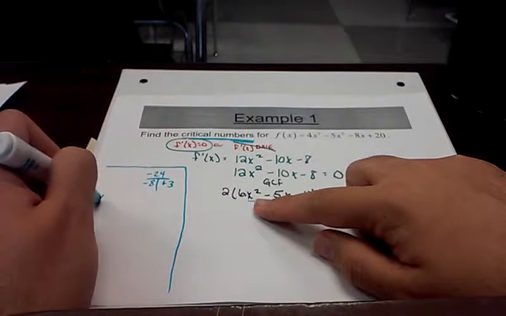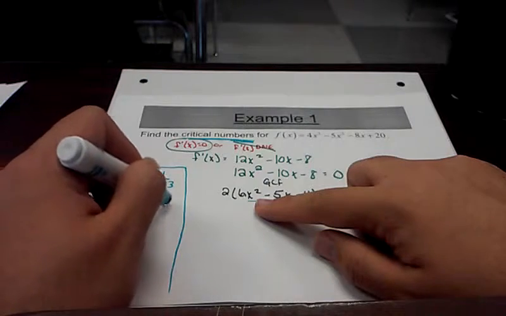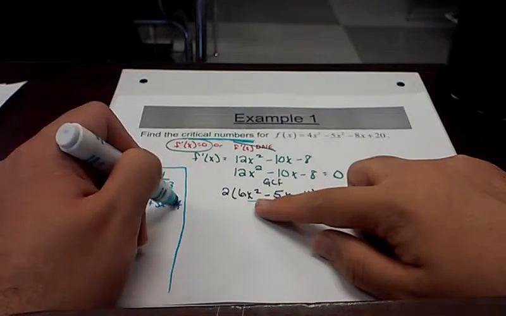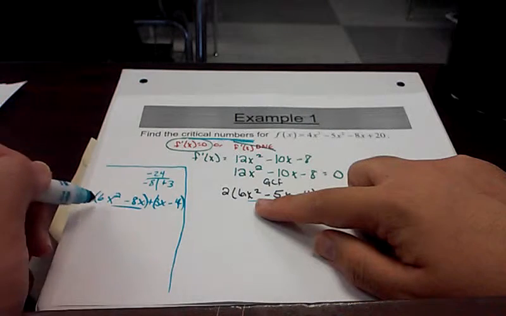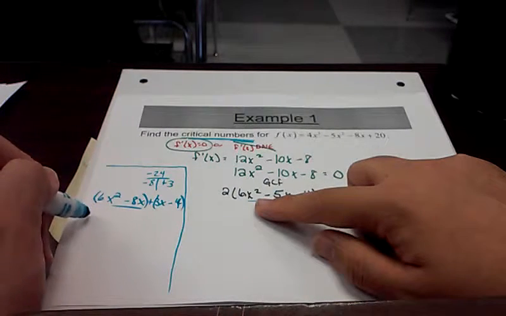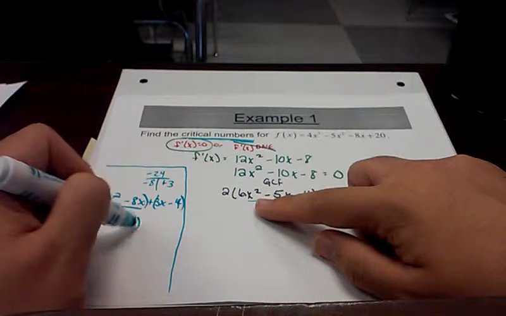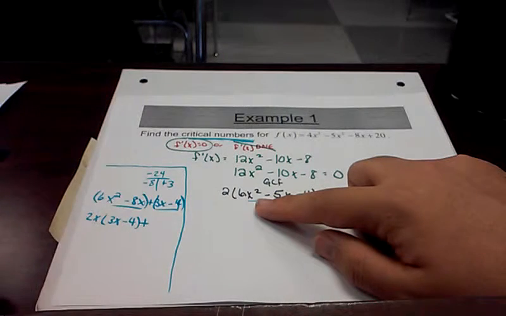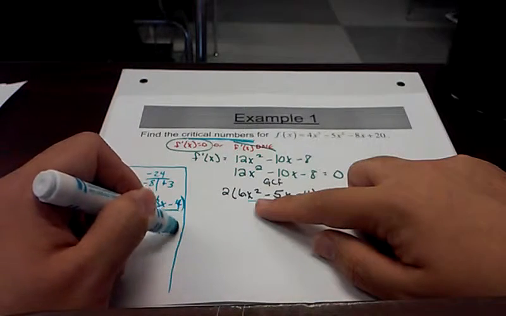So I'm going to rewrite this as 6x squared minus 8x plus 3x minus 4. I have 4 terms, so I'm going to group them into pairs, and then I'm going to take out my GCF. My GCF here would be 2x, so that'll leave 3x minus 4. When there's no GCF to take out, you can just simply take out a 1, and that'll leave 3x minus 4.